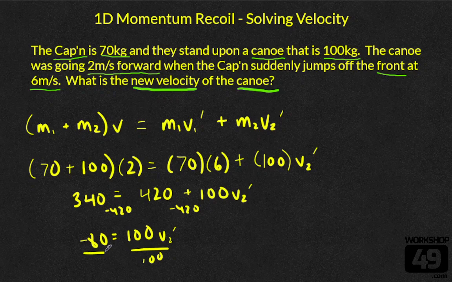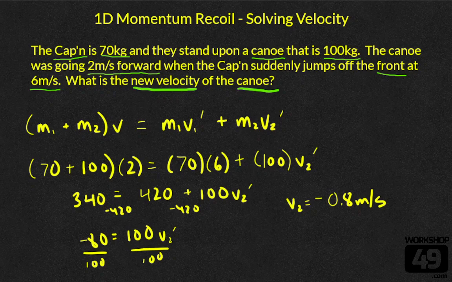Divide both sides by 100. So if you get this far, it's just rearranging equations, and you get a final answer of V2 prime equals negative 0.8 meters per second. This makes sense. The captain leaps off the front of a boat, the boat lurches backwards. If anyone's ever jumped off a boat before, you've got to be careful, because when you step off one way, the boat goes the other.